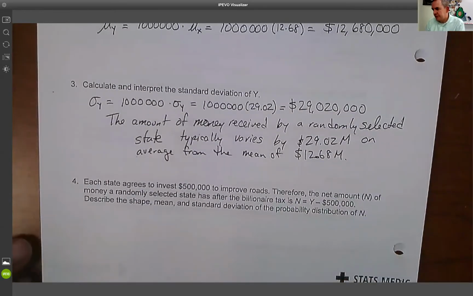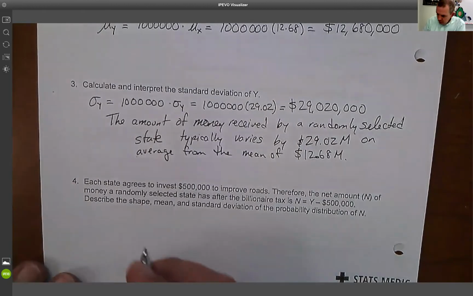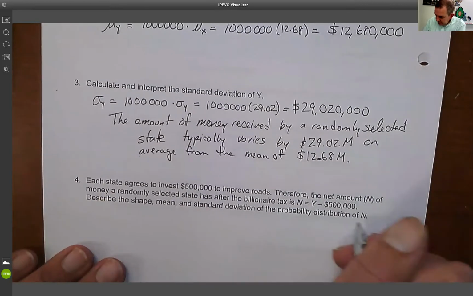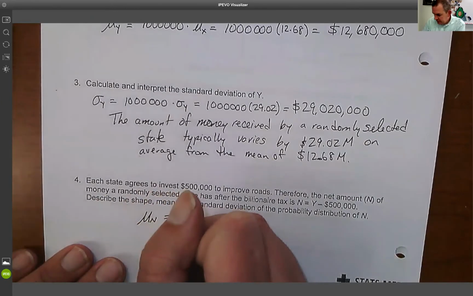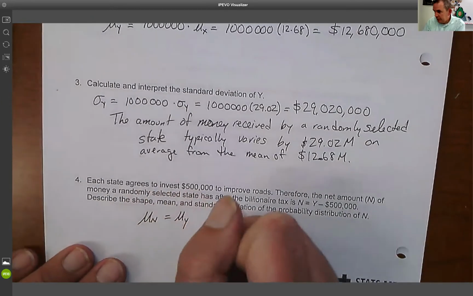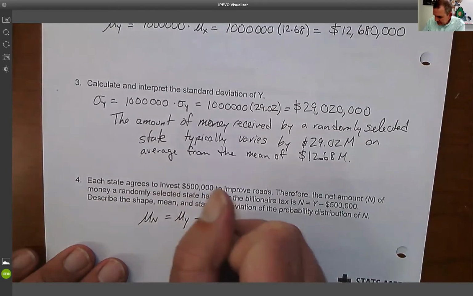Then it says each state agrees to invest $500,000 to improve roads. Therefore, the net amount of money after the billionaire tax is Y minus 500,000. So we're going to find this new mean, which is our mean of what we collected minus 500,000.